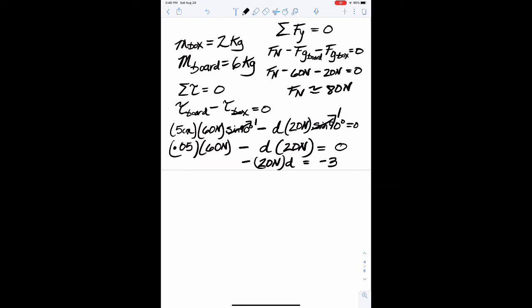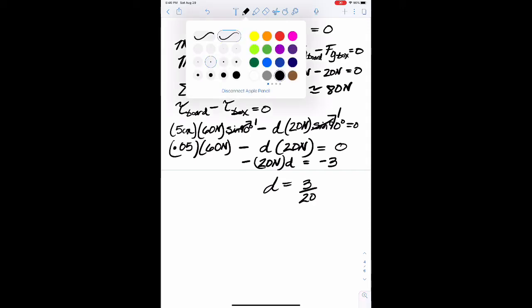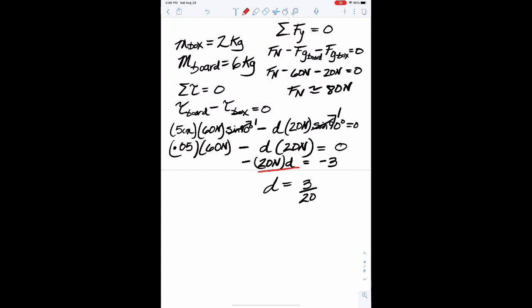So we end up with D is equal to 3 over 20, right? Divide both sides by negative 20 newtons.